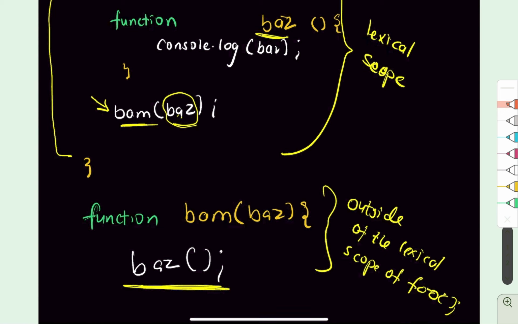And if we come here and execute baz, we are still able to get bar, and that's what is called closure.